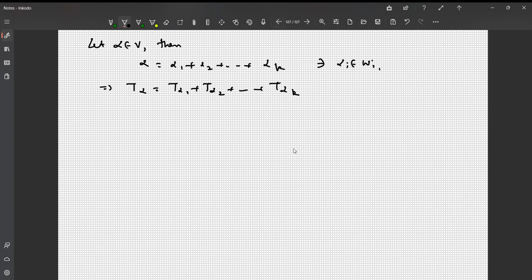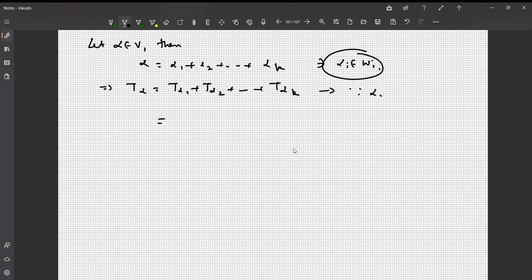So T of alpha is T of alpha 1 plus T of alpha 2 plus so on till T of alpha k. But the way we introduced this is that each of these alpha i's are from Wi's. Wi is the eigenspace of the eigenvalue ci. That means Wi consists of the eigenvectors corresponding to ci.